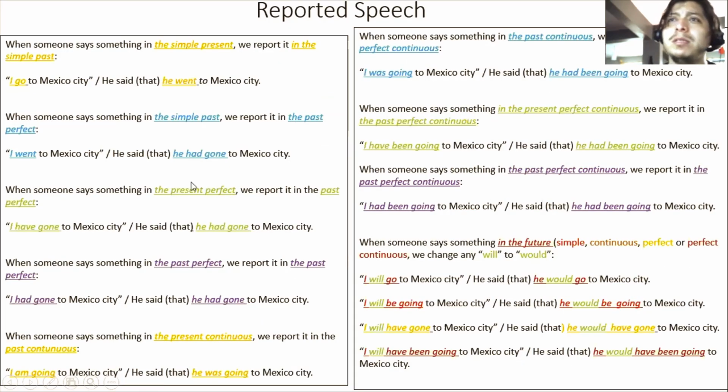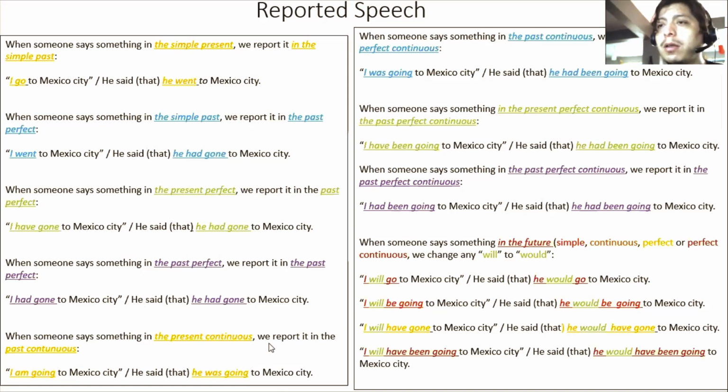In this part, we have a lot of examples of sentences in all the tenses and how we change them to the past tense, to the reported speech.